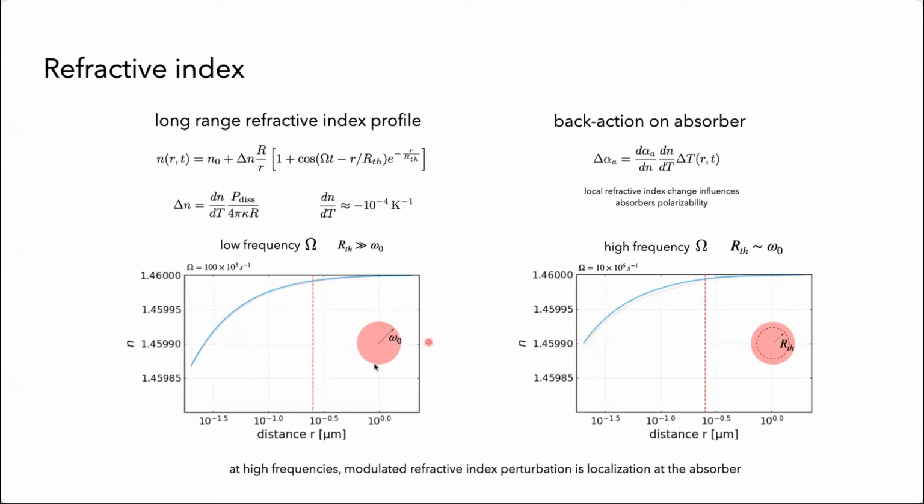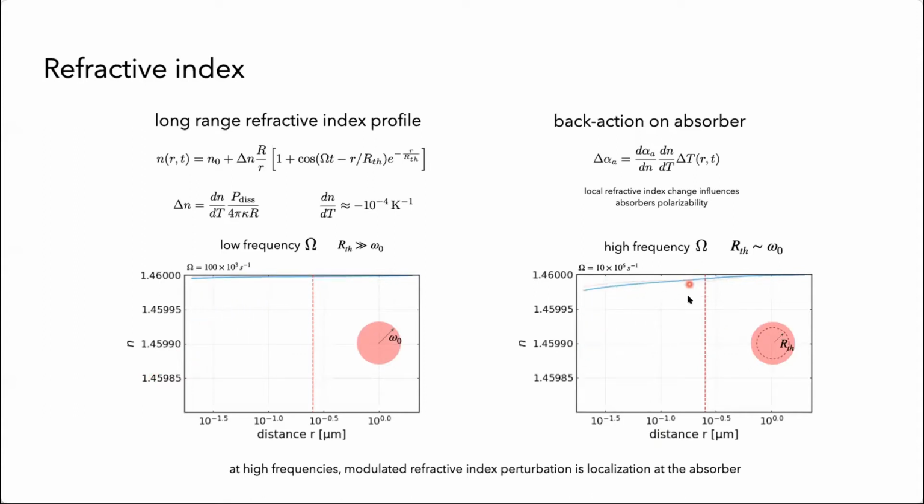Overall, that gives you refractive index profiles over log distance, but linear for the same kind of frequencies. On the left, the response you get for low frequencies is similar between the screened and the unscreened temperature rise, because you hardly see the other curve.